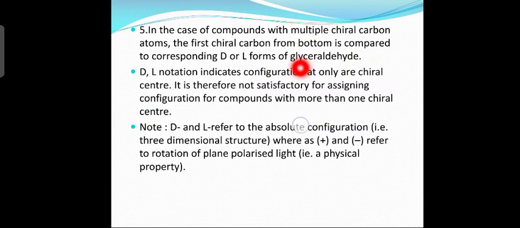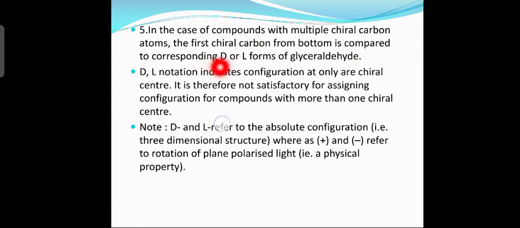But there are many organic compounds in which you have more than 3 carbon atoms. In such cases you have multiple chiral carbon atoms, for example ribose and glucose. Glucose contains 6, ribose contains 5. You will see this example in the next slides.